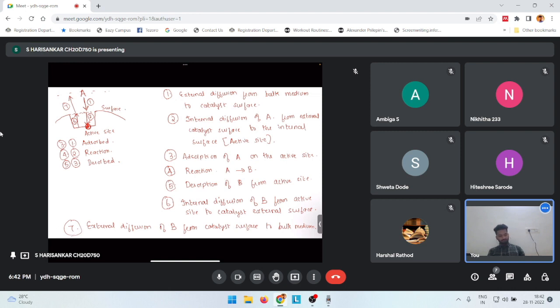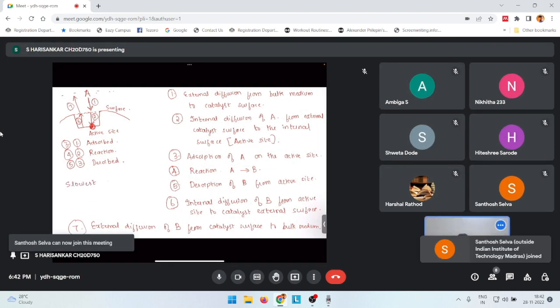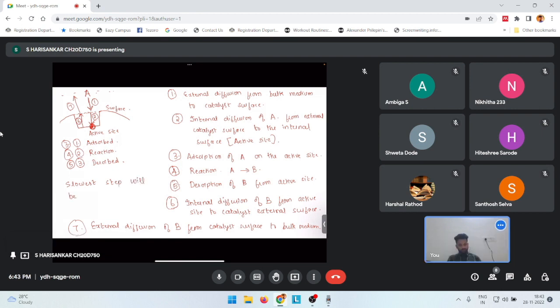Now, since there are multiple steps involved in this catalytic process, what we can assume is that the slowest step out of these 7 different steps will be the rate determining step.